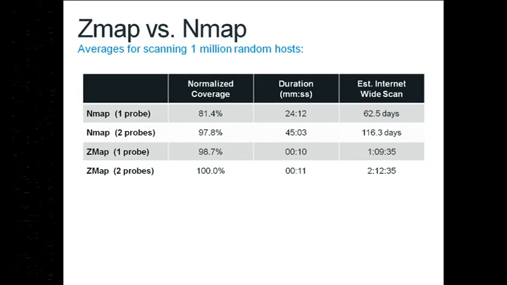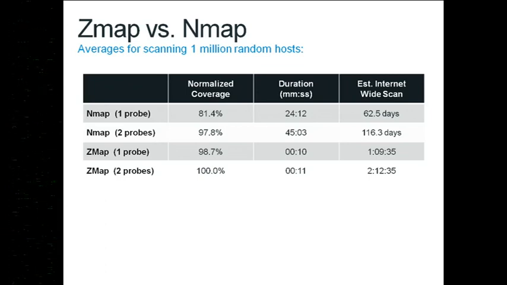It waits for a timeout, then it sends another one. It will take about 116 days to probe the entire internet using that configuration. If we reduce Nmap to just sending 1 probe, just waiting 1 timeout interval, it will only take about 62 days. ZMap, in its default configuration, in this experimental setup, would have taken about an hour, 10 minutes.